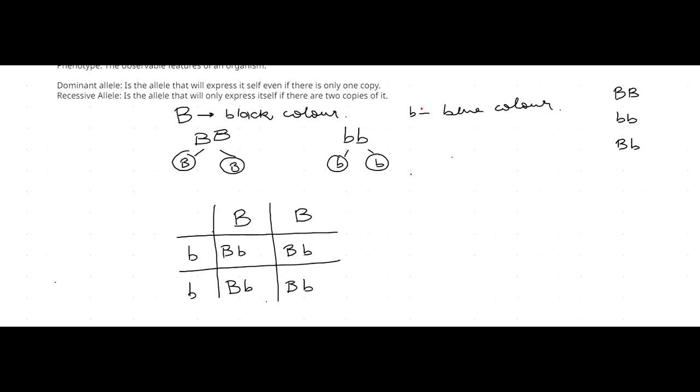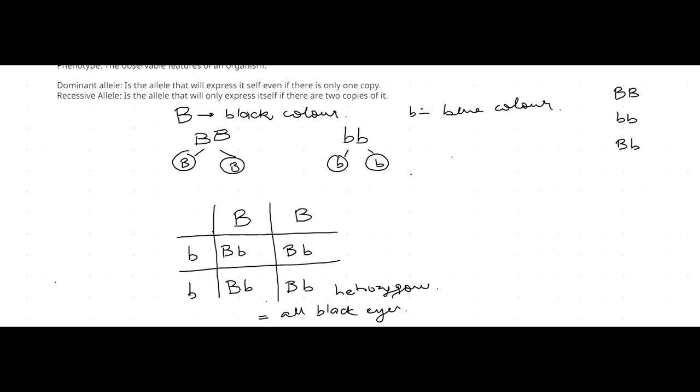So all of the children are heterozygous, all of them. And even though they are heterozygous, even though they have the allele for blue color, all of them are going to have black eyes, right? Because the black allele is the dominant one. So all of them are going to have black eyes.